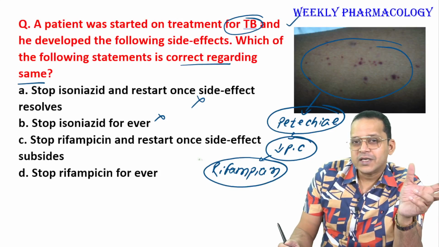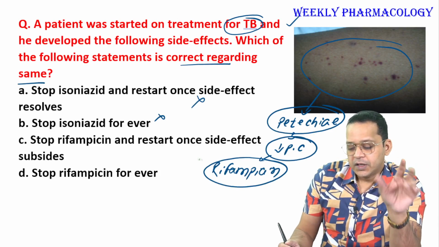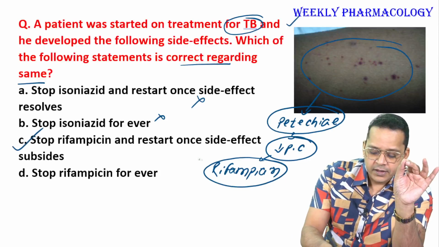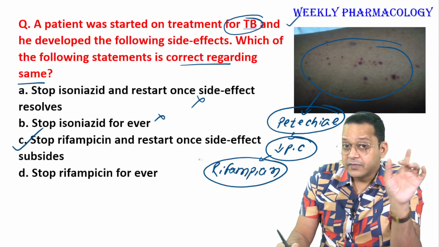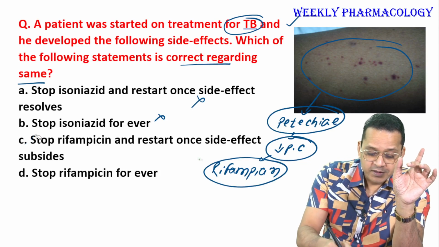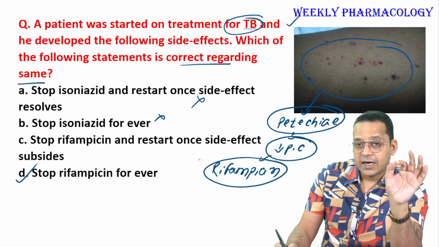Again, this is a moderate level MCQ. If you've gone through my lectures, you can easily answer this. I've told you two side effects where rifampicin should be stopped and never restarted, right? Sorry, I marked the wrong option. Stop rifampicin forever and never restart for a decreased platelet count.